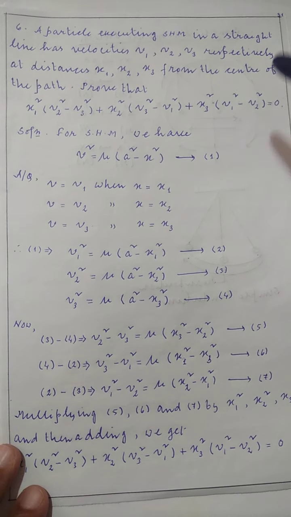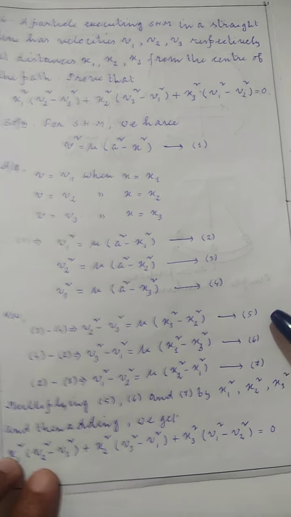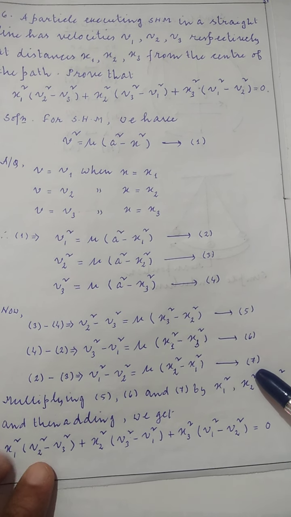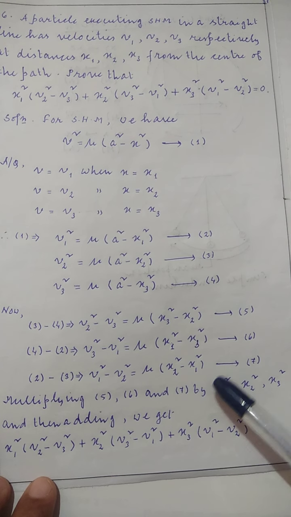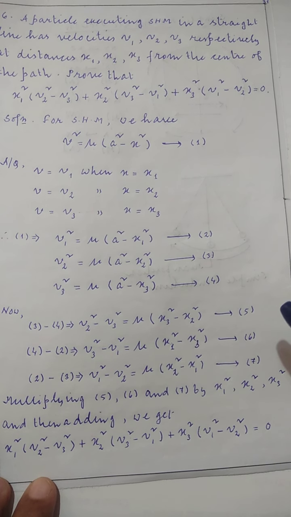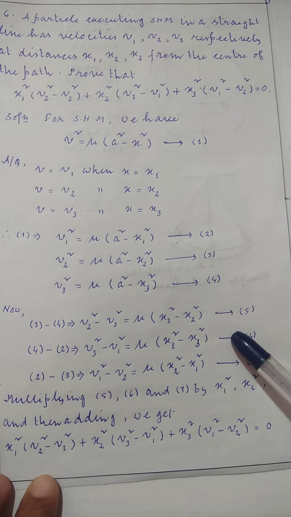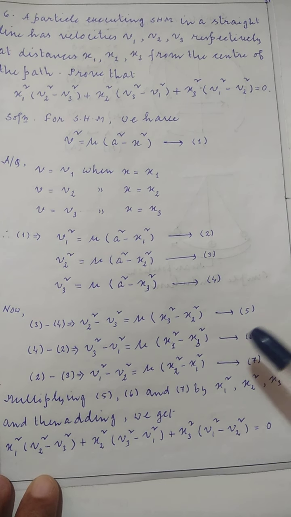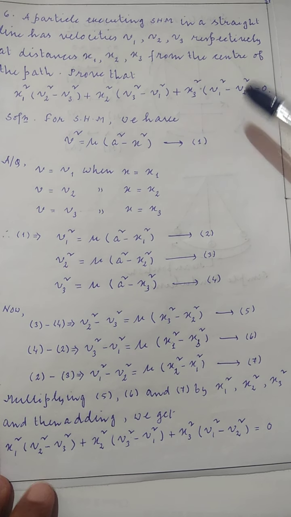Now in order to get the required expression, you have to multiply these 5, 6 and 7 by x1 square, x2 square and x3 square, and after that add. After adding, you will get the required expression that you have to prove. So this way we can solve these problems.